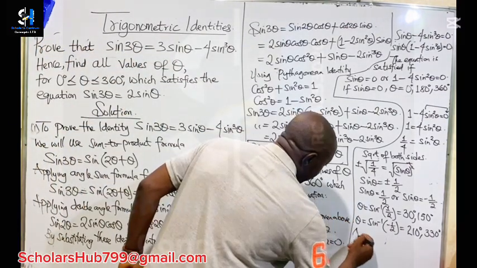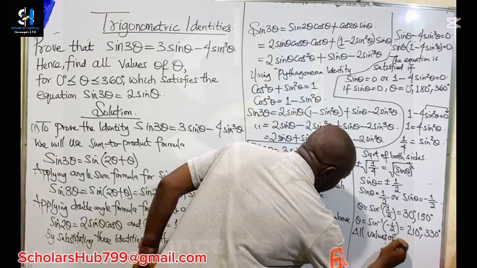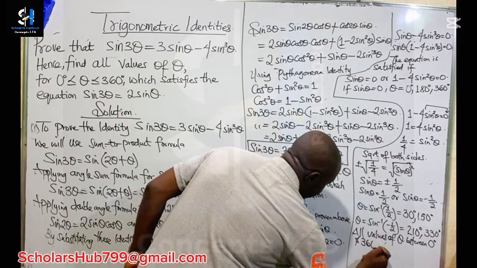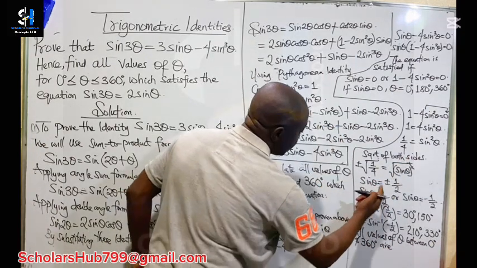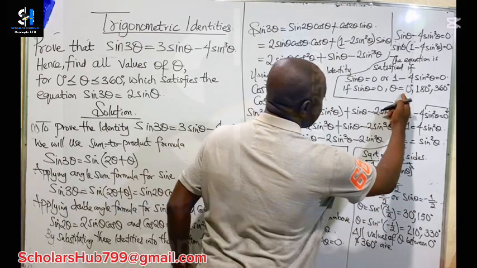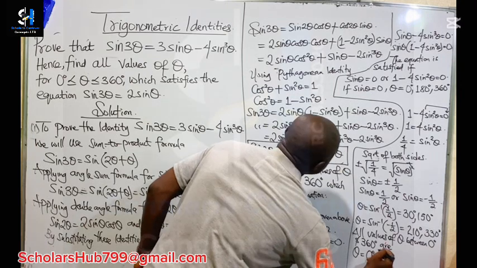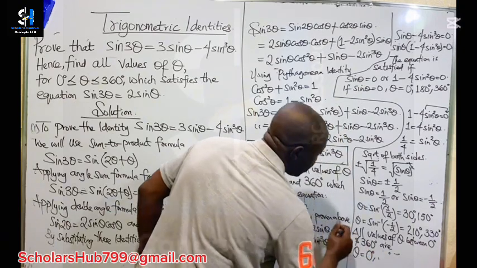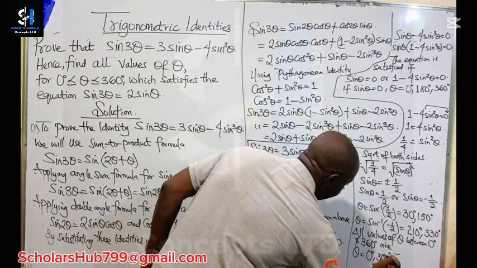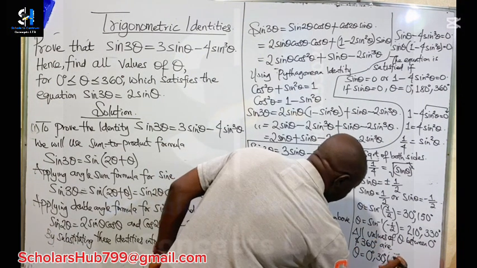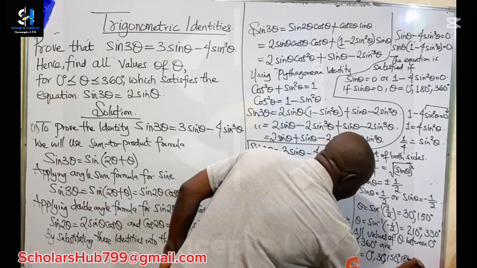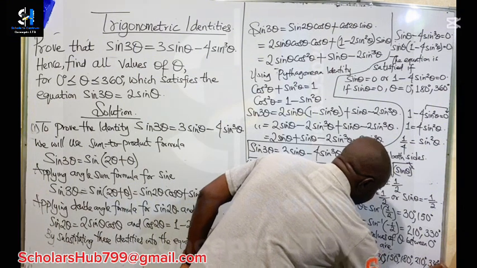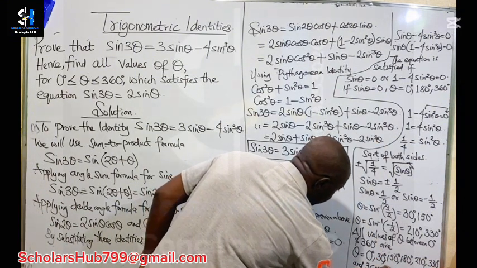So all values of theta between 0 degrees and 360 degrees are: theta equals 0 degrees, 30 degrees, 150 degrees, 180 degrees, then also 210 degrees, 330 degrees, and finally 360 degrees.